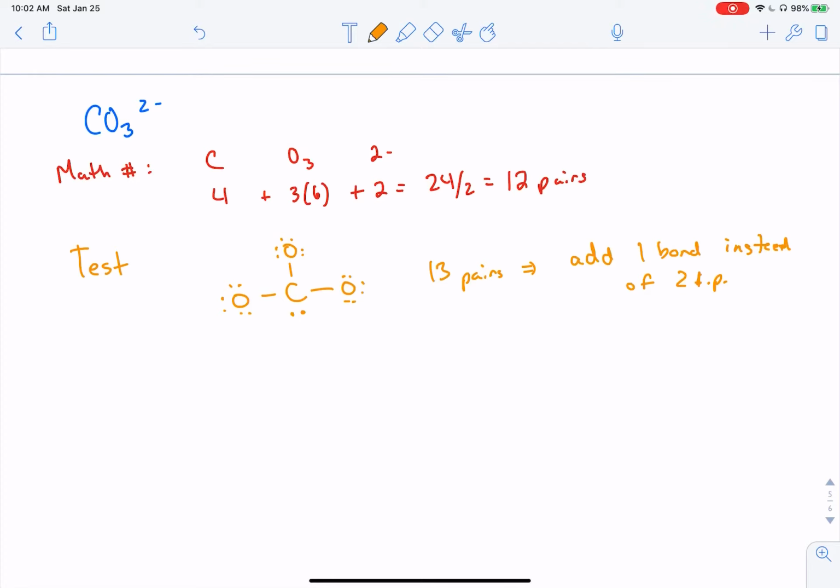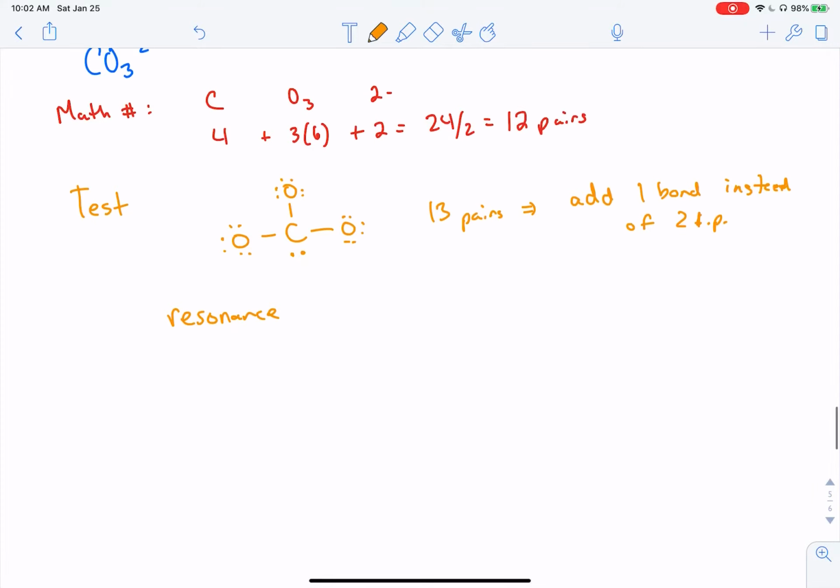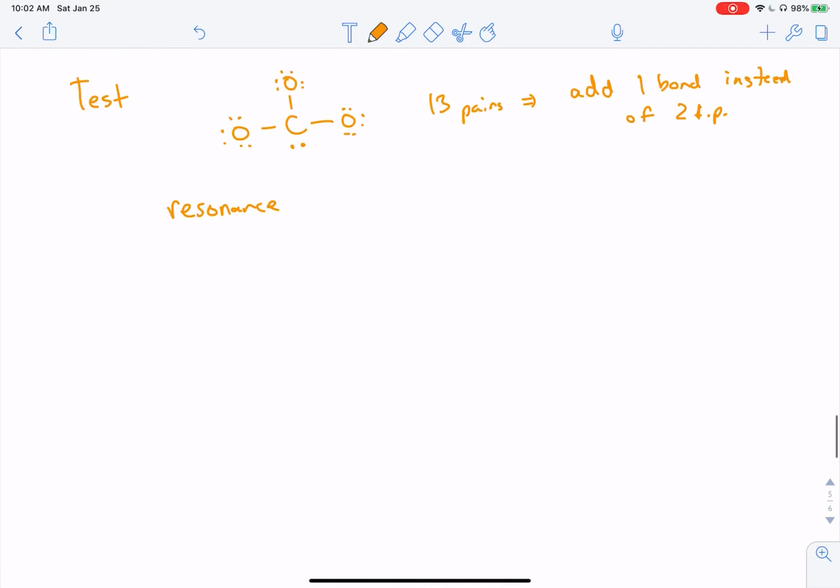Okay? Does it matter where I add the bond? No. So it is resonance. And in fact, how many resonance structures does this structure have? 3, because there are 3 different places you can add that bond. So what you get is one structure where it looks like this, and you have to write the charge.